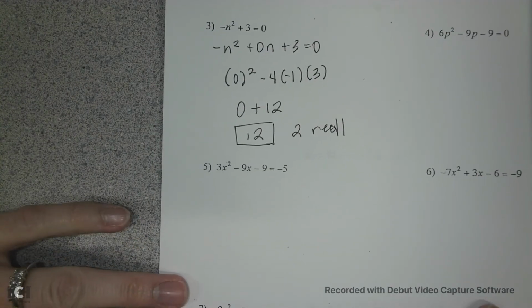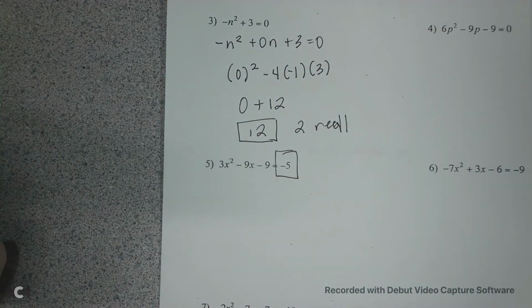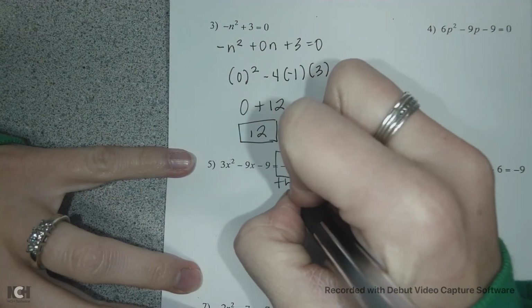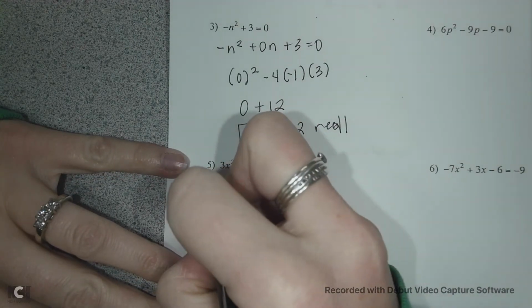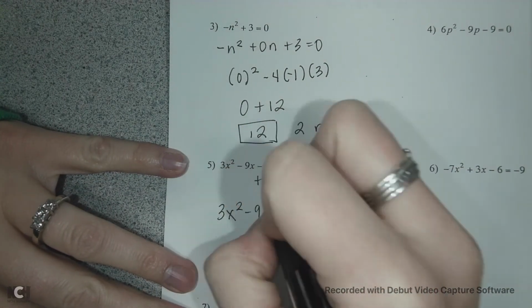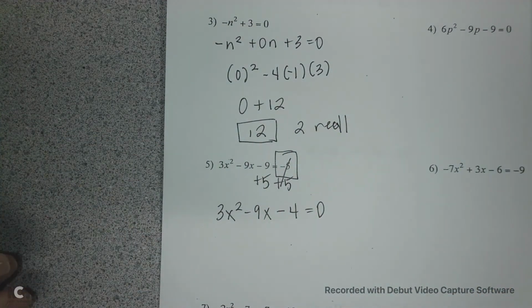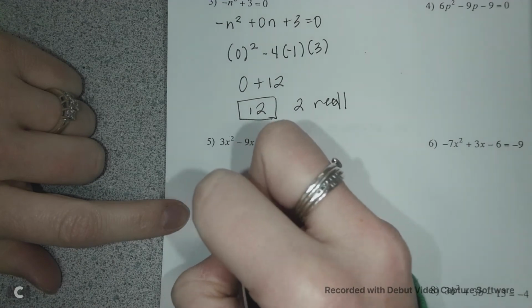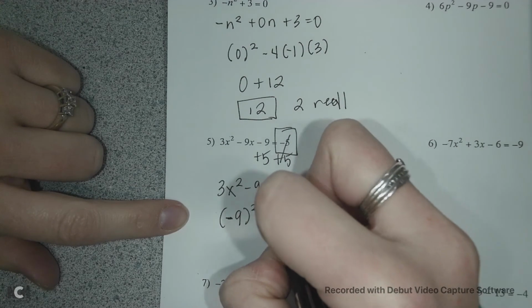Okay, let's do another one. Now this guy, he does not equal 0 right here, and that is a big problem. So we need to make that equal 0. So I'm going to move this negative 5 to the opposite side by adding 5 to each side so that my c value is combined. So I have 3x squared minus 9x, and then minus 4 equals 0. And then I need to put this into my discriminant equation. It's b squared minus 4ac.